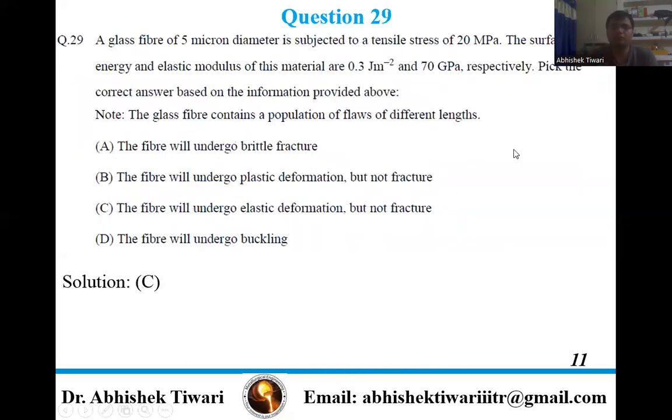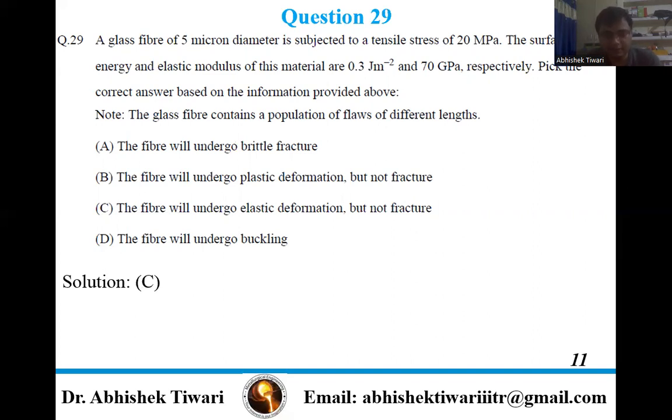Now coming on to question number 29. A glass fiber of 5 micron diameter is subjected to a tensile stress of 20 megapascal. The surface energy and elastic modulus of this material are 0.3 joule per meter square and 70 gigapascal respectively. Pick the correct answer based on the information provided above.